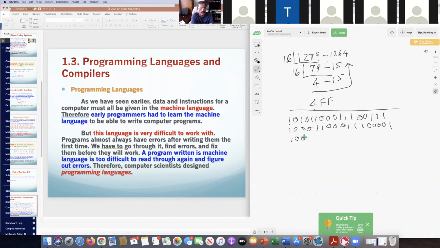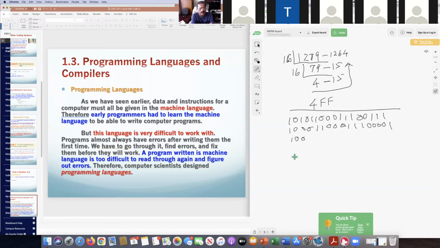And so the computer inventors, remember I mentioned to you that there were two professors at University of Pennsylvania who built the first machine, were having this problem writing programs. They couldn't market this product because of that problem. If you can't write programs, then there's no use for this computer. So therefore they had to come up with a better way.